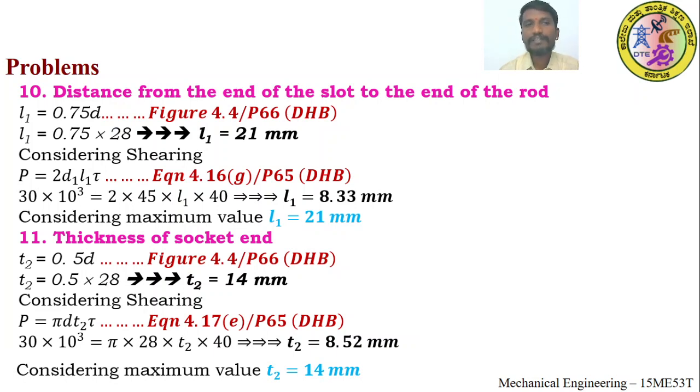So these are some of the values which should be found out in different conditions. The formulas can also be found from figure 4.4 in page number 66, by considering what type of loads act on these elements and taking the maximum value, we will find the values of the different parameters.